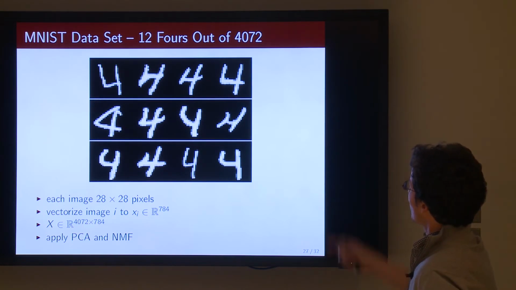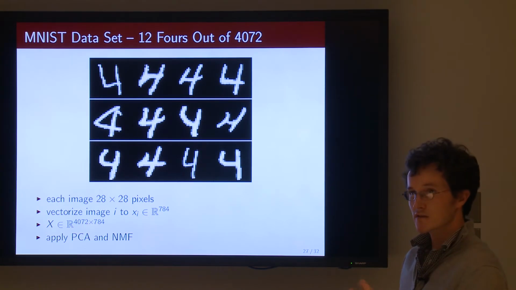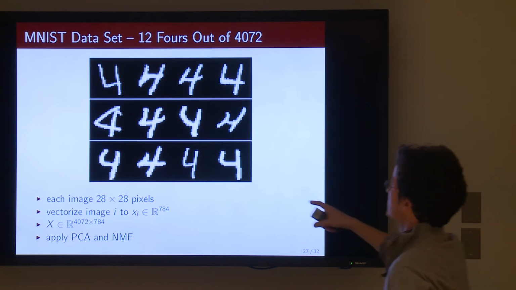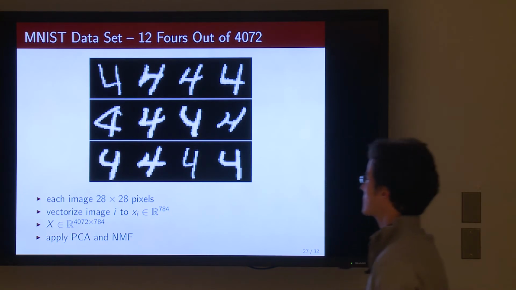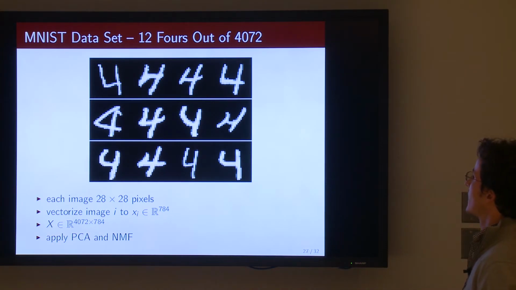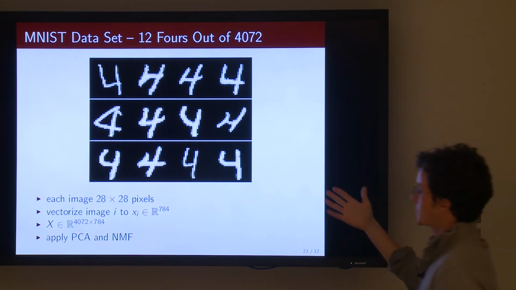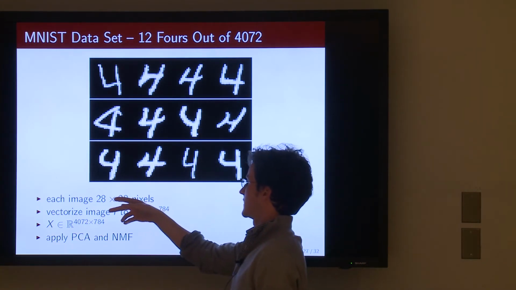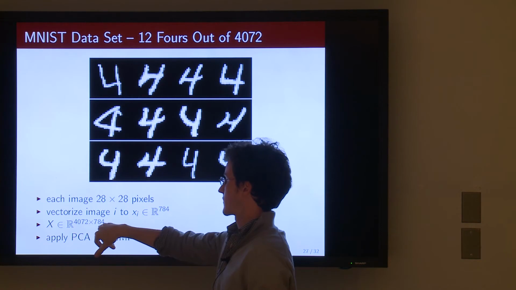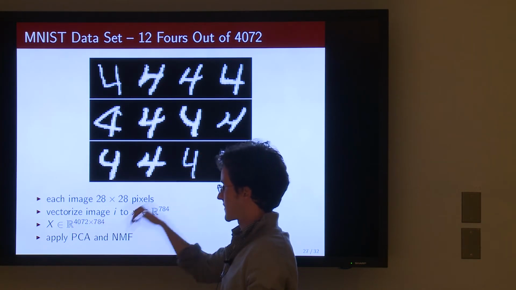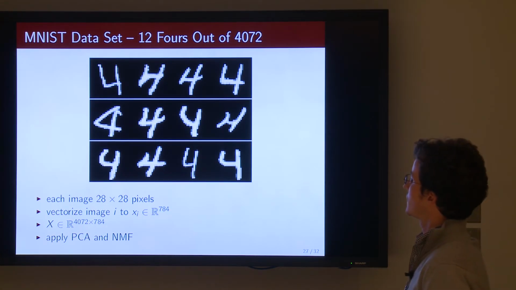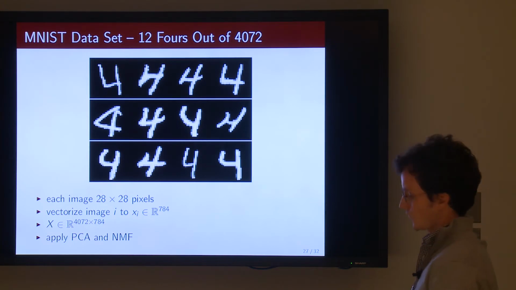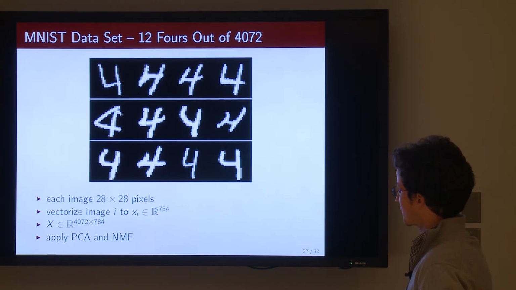There were 4,072 fours in the MNIST data set, and I made plots of 12 of them here, so you can see different people's writing styles. This is kind of high-dimensional data, because each object is 28 by 28, so it has 784 dimensions. So it can be nice to reduce the dimensionality of this data and look for low-dimensional structure.